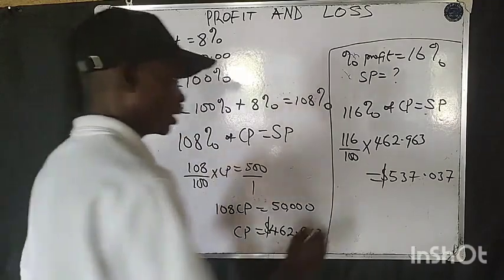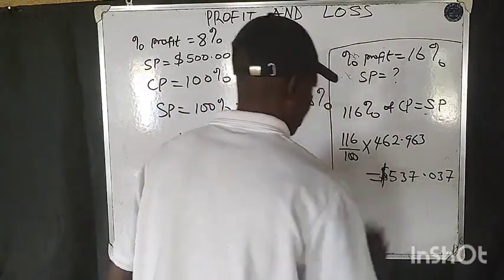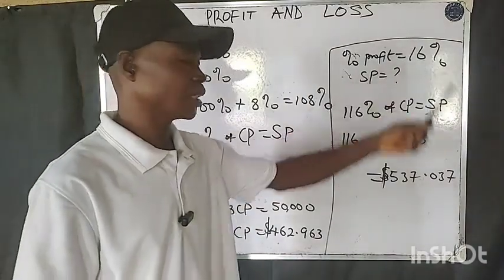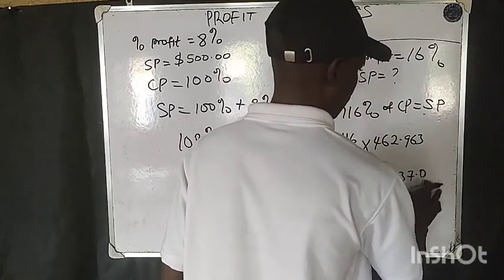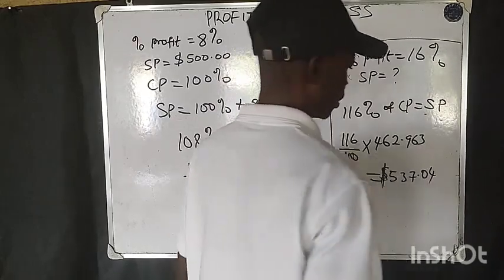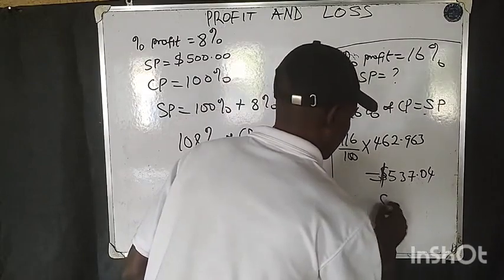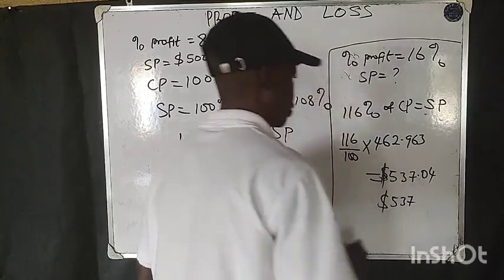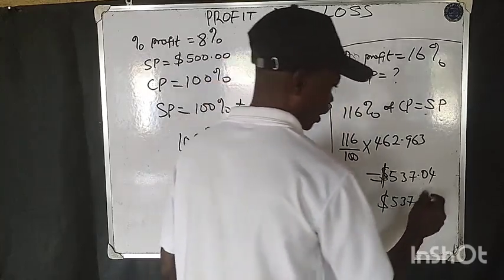So this is going to be the selling price if we sell it at the rate of 16%. So we can write 537 to the nearest whole number, to the nearest dollar, okay?